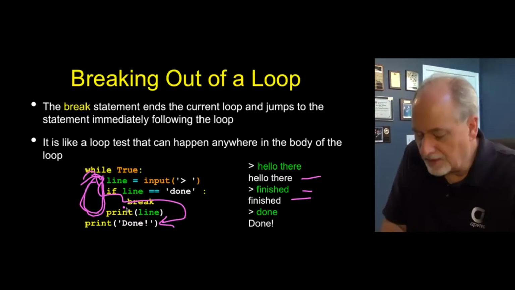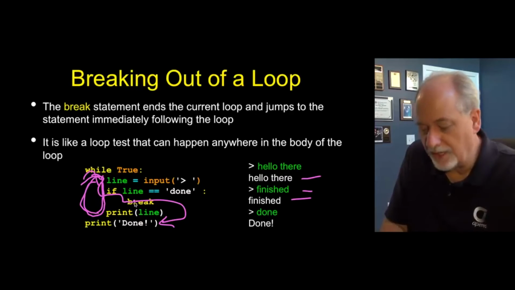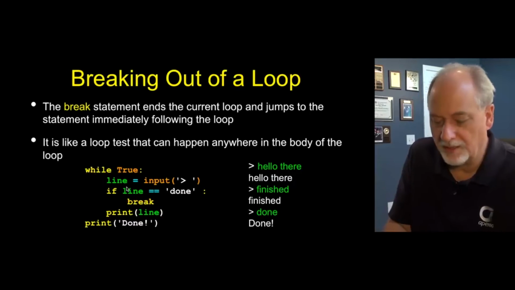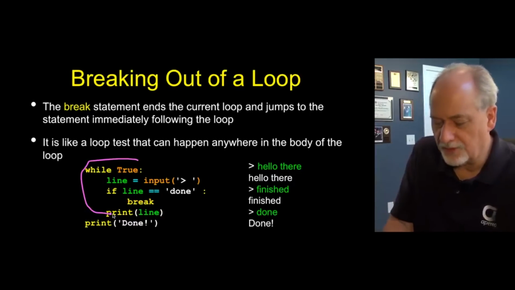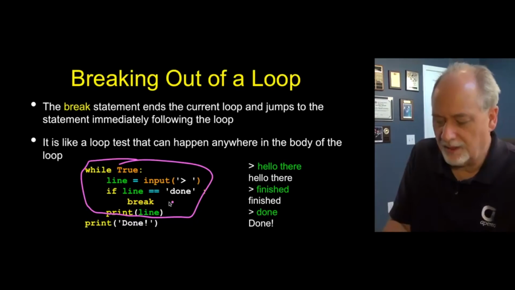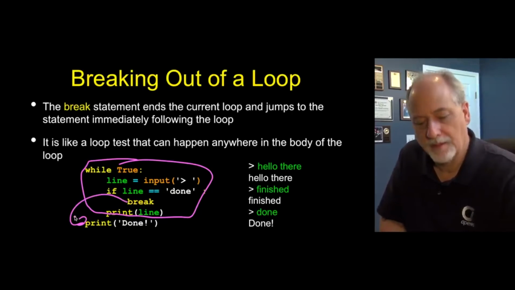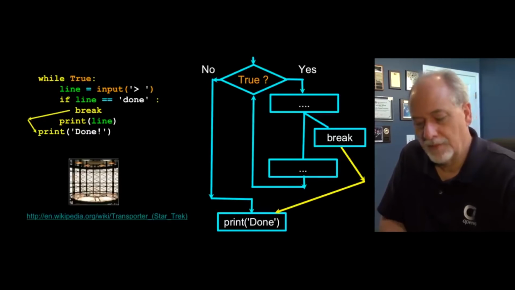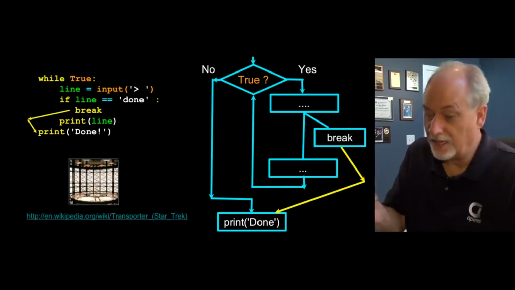The key is it doesn't go back. It's like once you've done a break, that loop is done. And so you look at basically the block that is the loop. So here's kind of the loop block. And then the break goes to the line after the end of the loop block. And you can think of this as sort of like just a hyperspace jump.